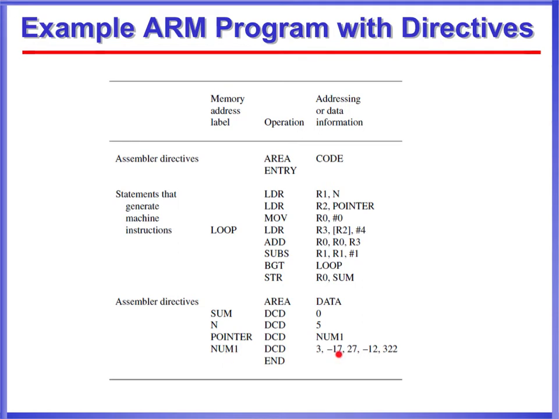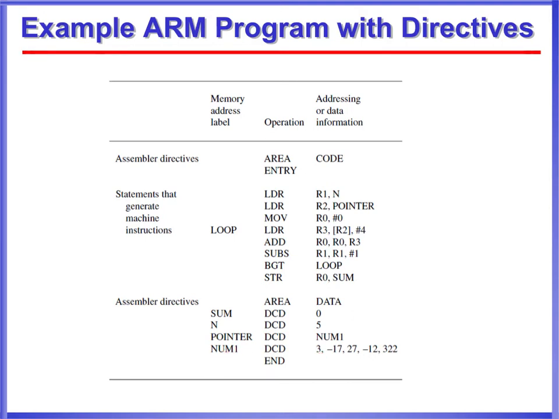Negative 17 will be stored at the memory address of num1 plus 4. 27 at num1 plus 8, etc. So we can initialize a bunch. It's like initializing an array in your C++ program, right? We can store a number of different numbers at sequential addresses in memory. But they won't be labeled num2 and so on. There's only one label called num1, and it's the address of the first one.